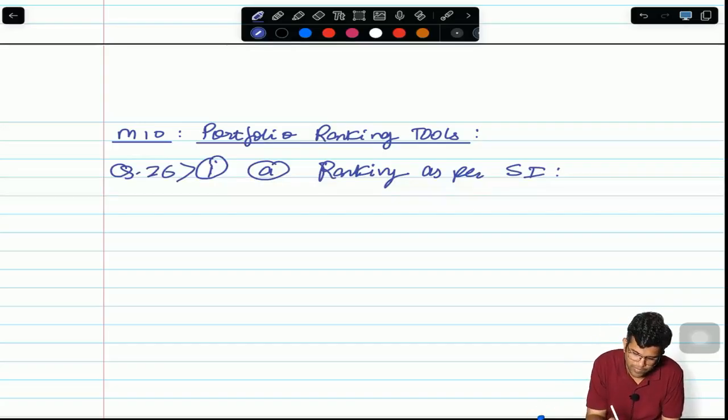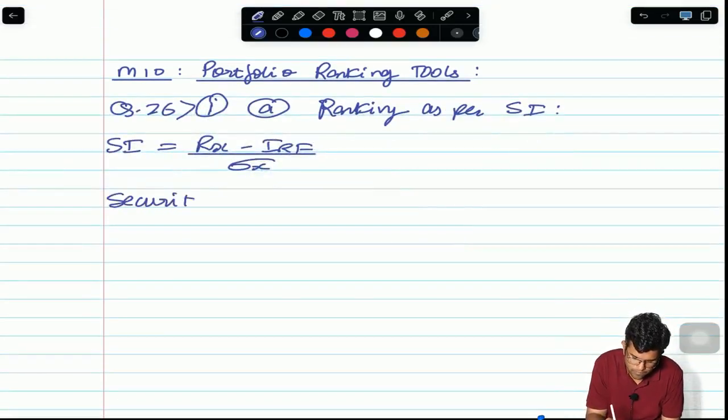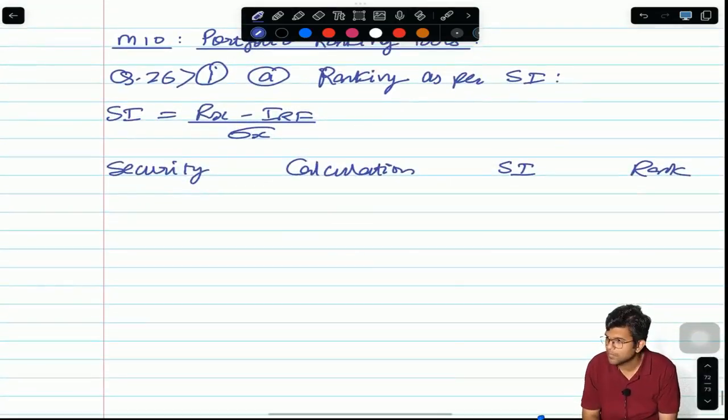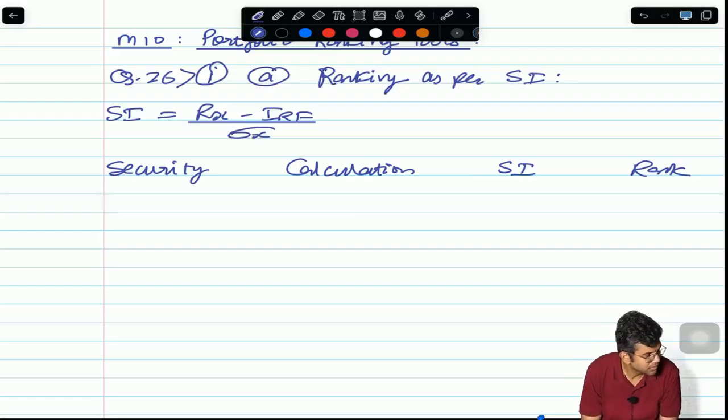And then please write down the Sharpe's index formula: Rx minus IRF, the whole upon sigma x. And make 4 columns please: security, calculation, Sharpe's index, rank.